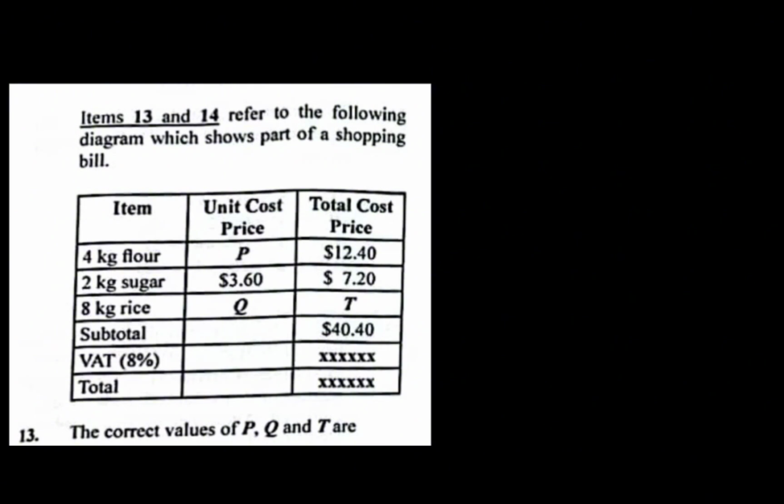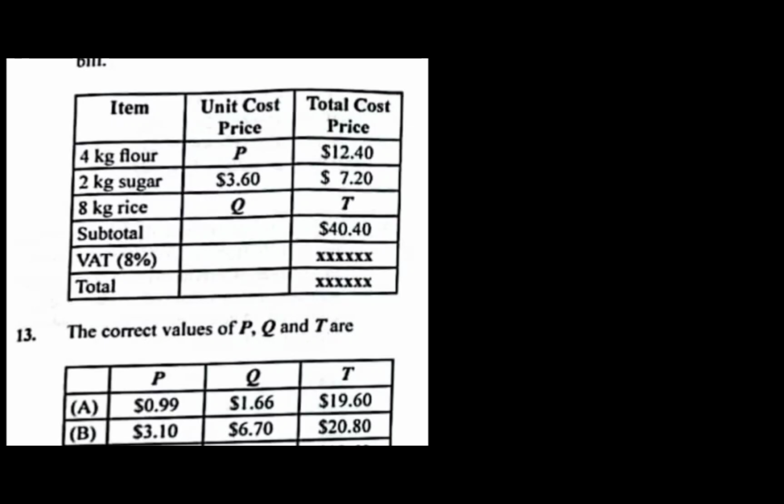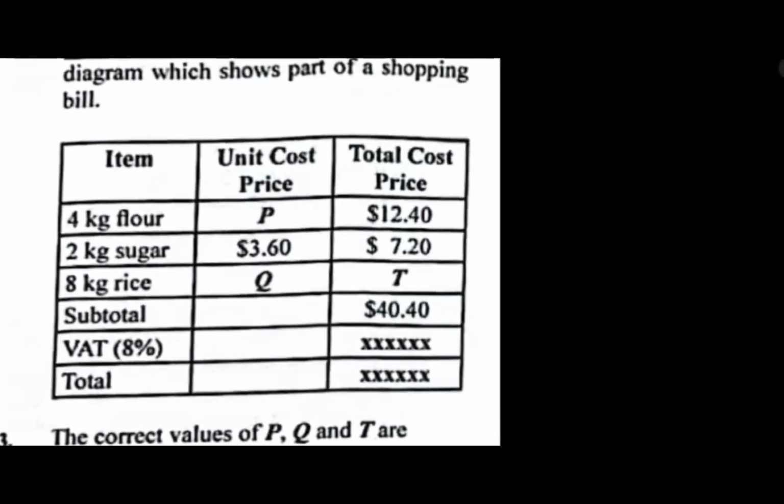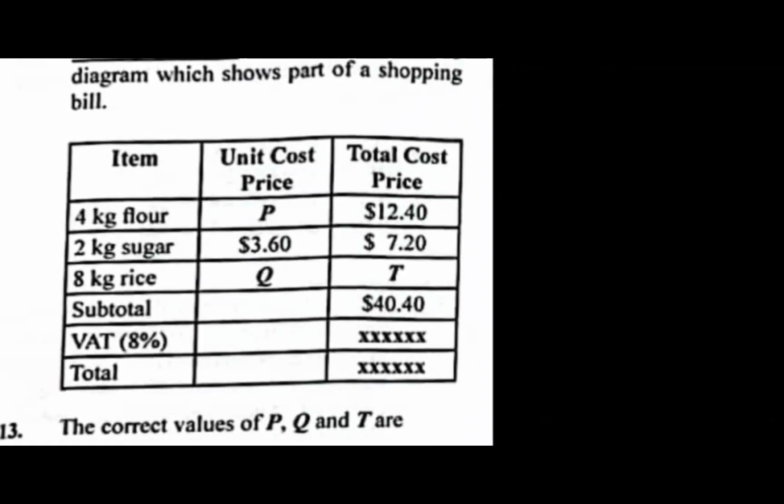Questions 13 and 14 refer to the following diagram, which shows part of a shopping bill. They want to know, for item 13, the correct values of P, Q, and T. So looking at our diagram, we have P, Q, and T that we need to find the values of.